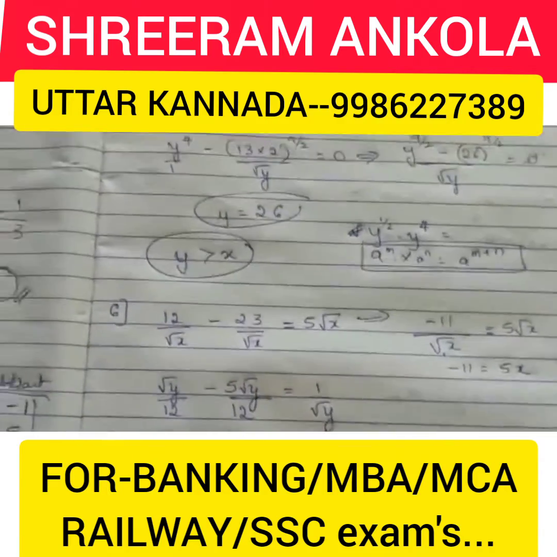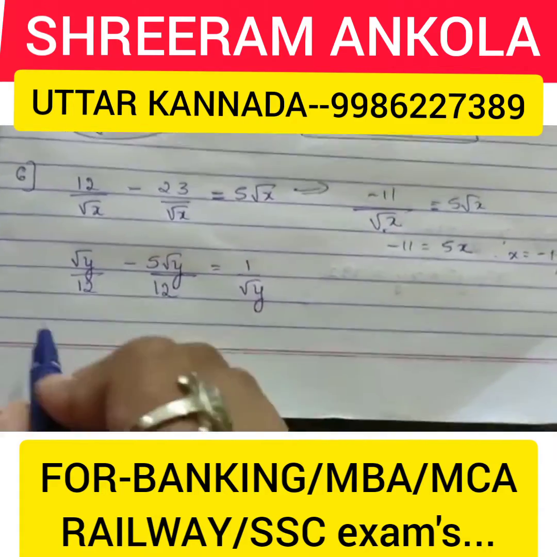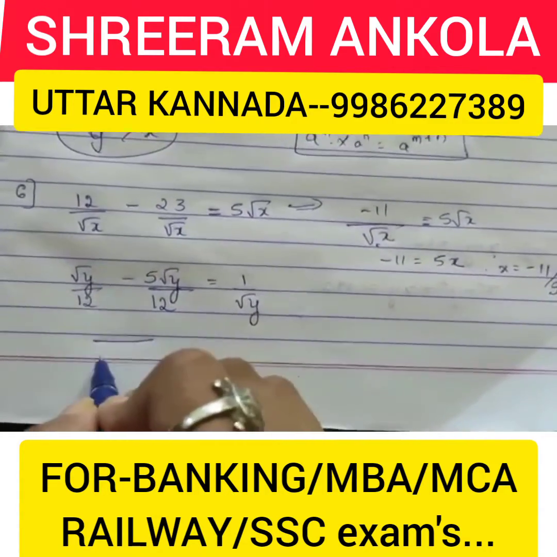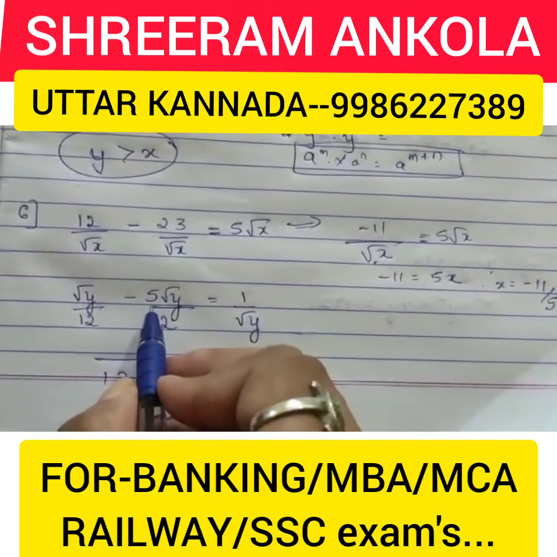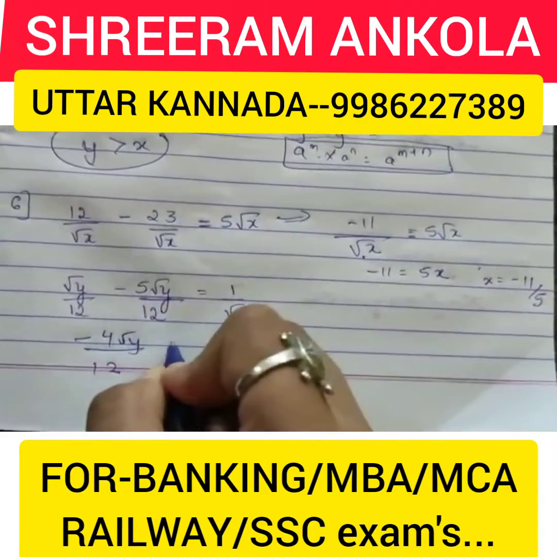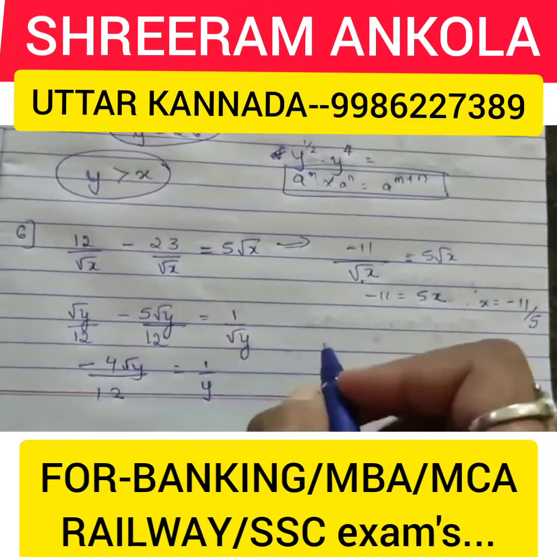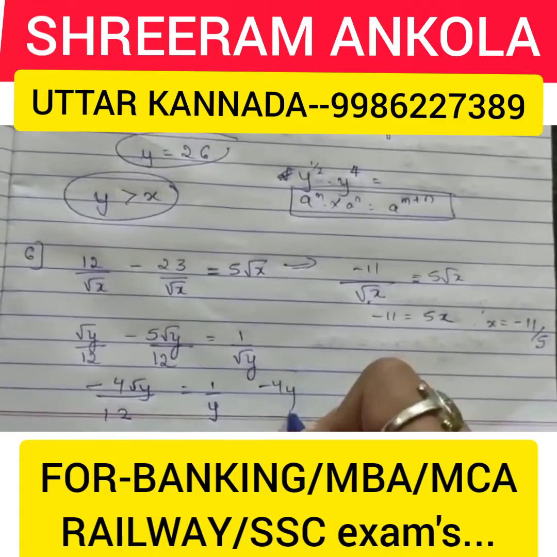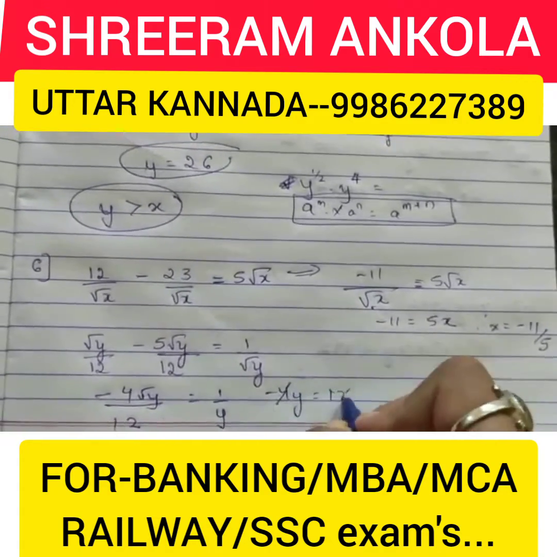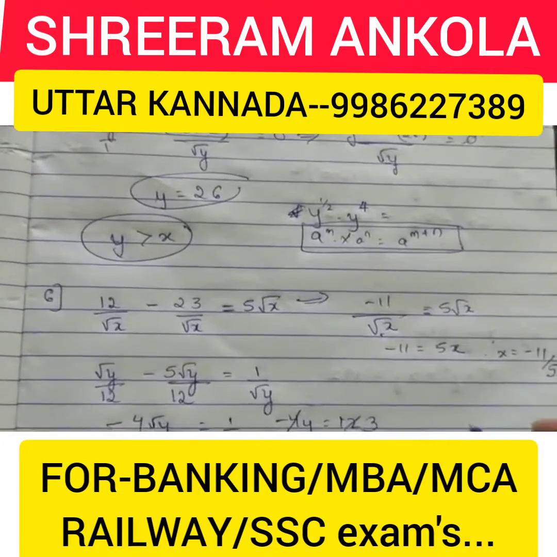Now, why? About this question. Here 12 denominators are same. Therefore, 12 minus 5 root y is nothing but minus of 4 root y, which is equal to 1 by root y. Now, cross multiplication. You will be getting minus 4y is equal to 12. 4 3s are 12. Therefore, y is equal to minus 3.